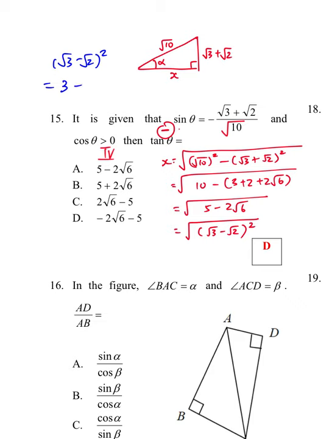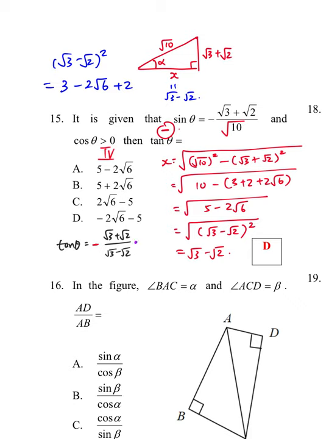It will be 3 minus 2 square root of 6 plus 2, and therefore you should return square root 3 minus square root 2 for the length of x in a very neat and tidy way, such that the tangent theta that you are searching for will be provided by this ratio. Of course, you have to add a negative sign at the end, since theta is a quadrant 4 angle.